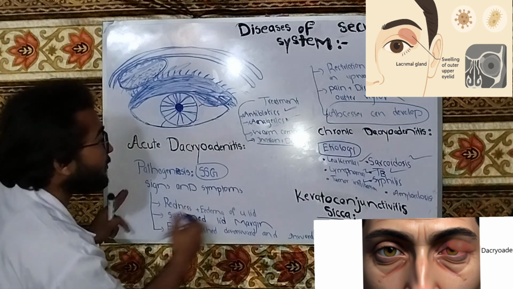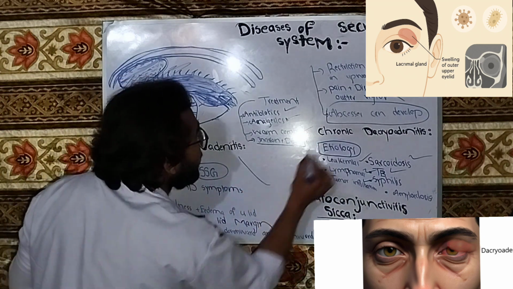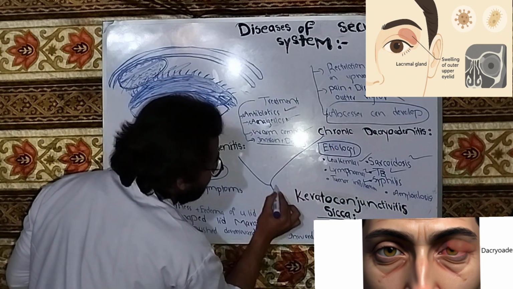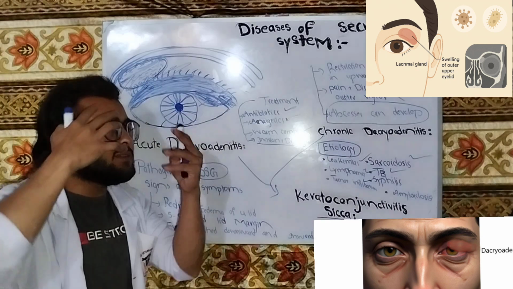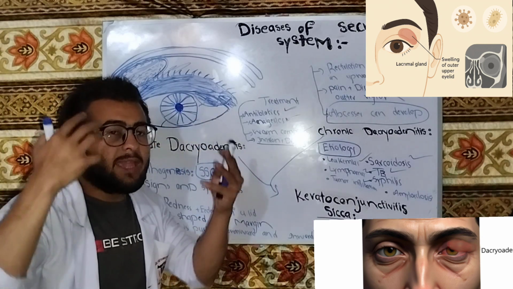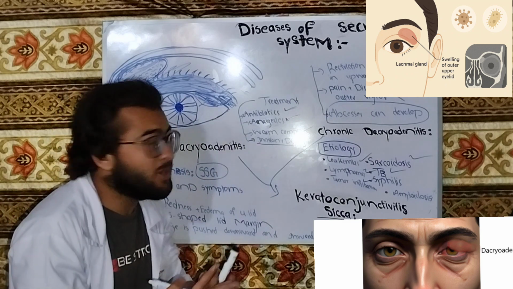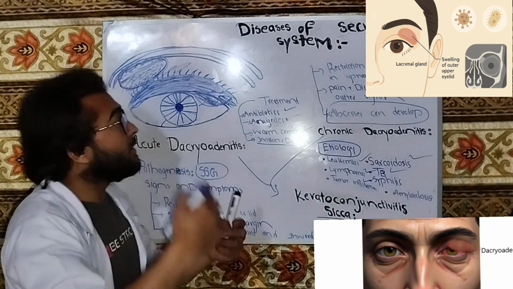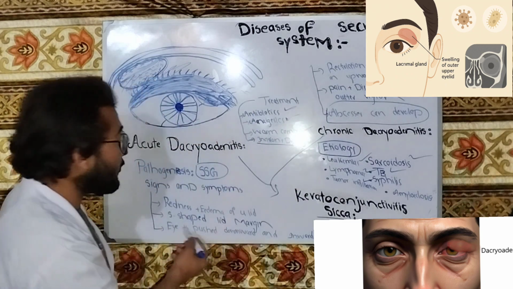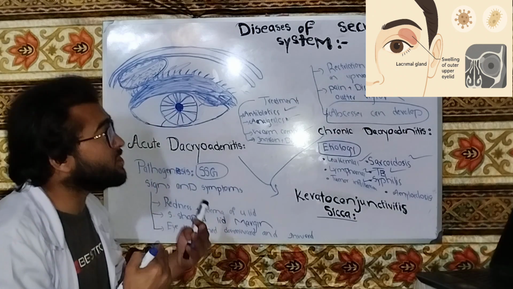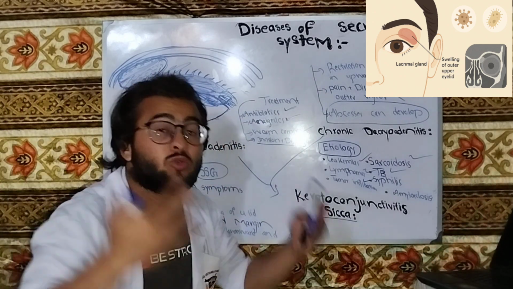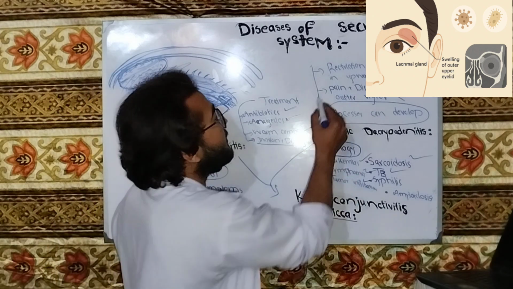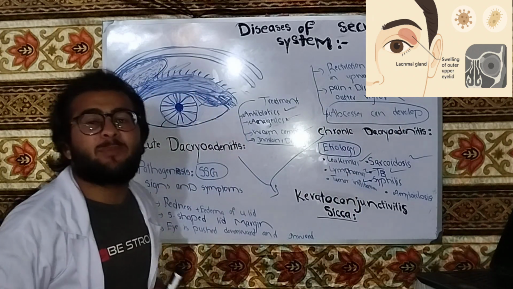The signs and symptoms of acute and chronic dacryoadenitis are similar. There will be redness and edema, and an S-shaped lid margin. There will be proptosis in the downward position, and restriction of movements of the eye in the upward and outward direction, but the pain and discomfort will be absent.